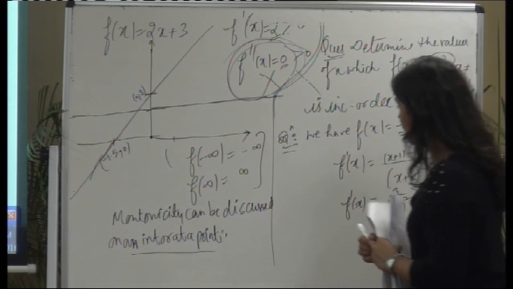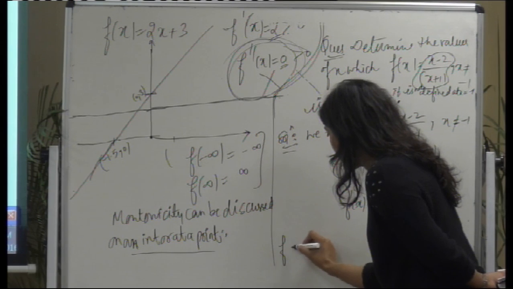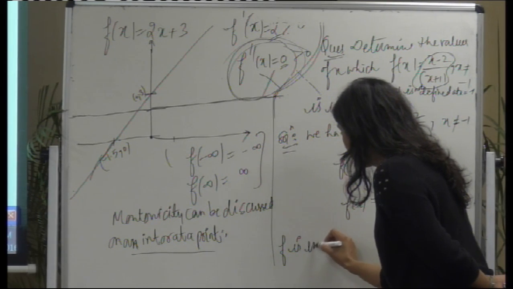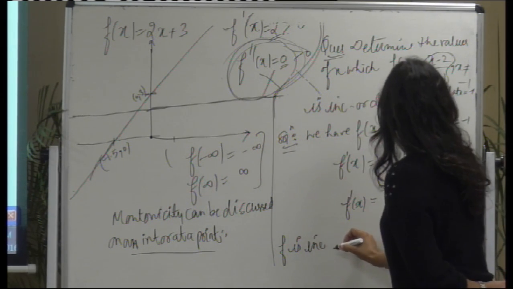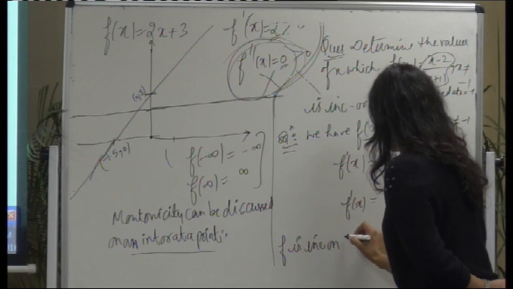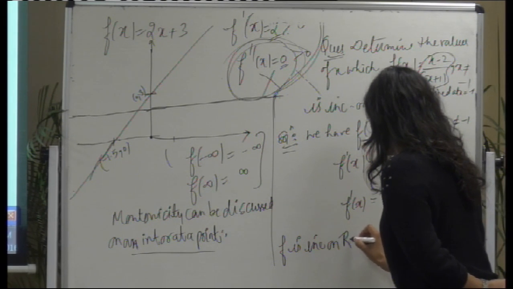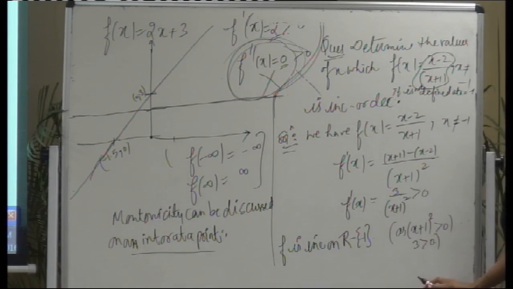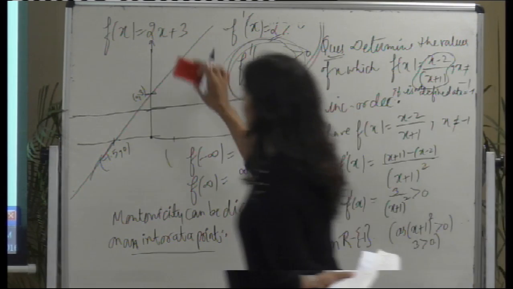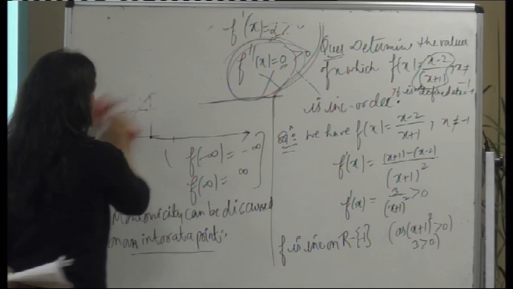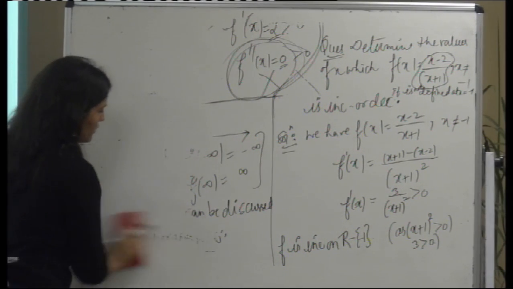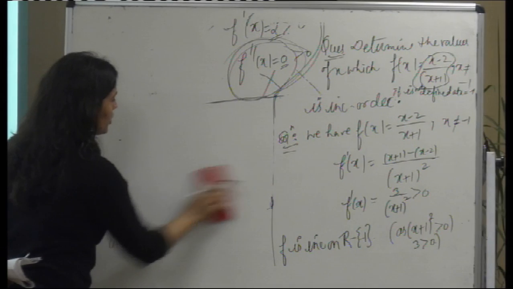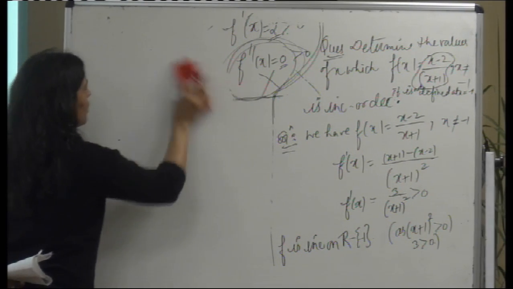So it is positive everywhere. So what is the behavior of our function now? So f is increasing on R minus 1. We are not discussing the monotonicity at the point minus 1.